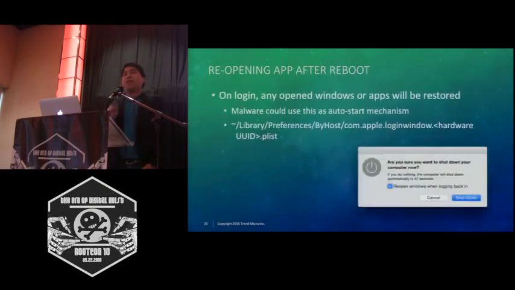Another feature in Mac is that when you reboot or shut down the machine, you have the option to have all of the currently running applications start up again once you reboot the system. There's a specific plist, or property list file, that lists all of the currently running applications, and malware could also add itself to this plist.